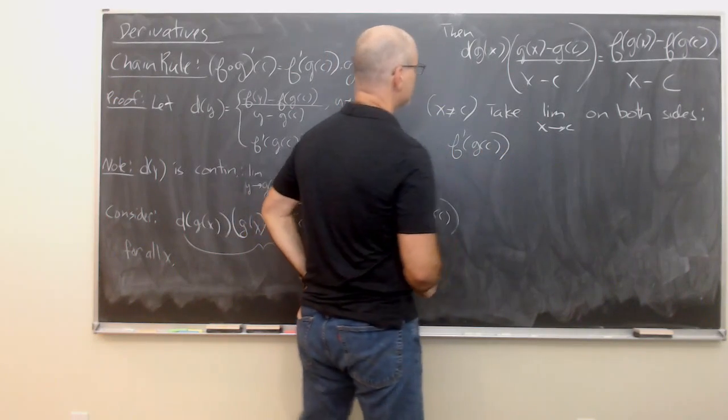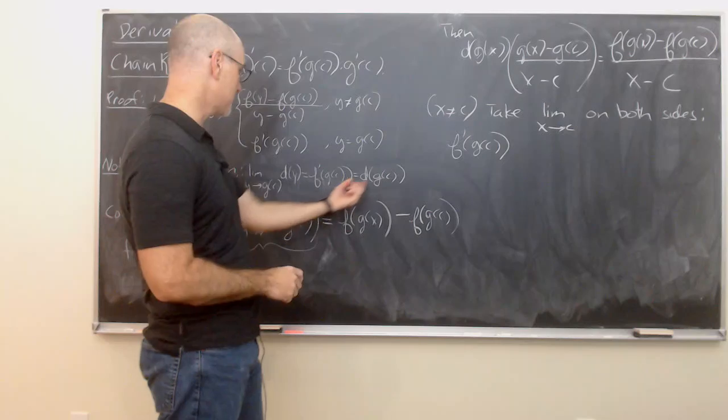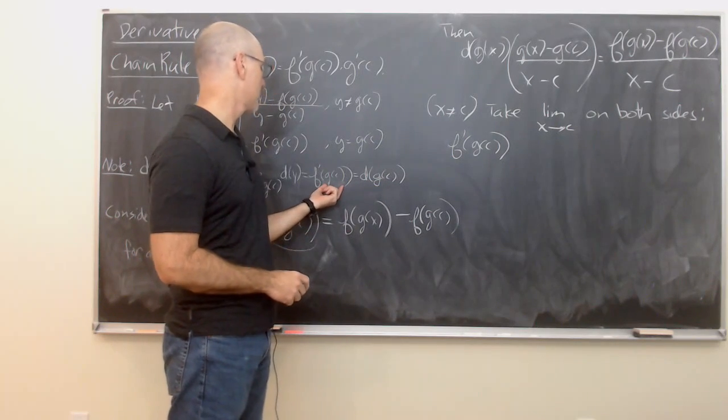Right? So that's the definition of d of g of c. Right? It's f prime of g of c.